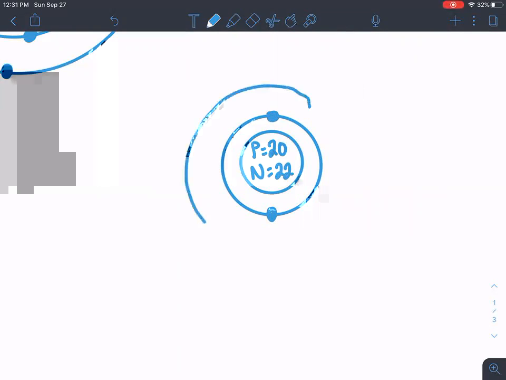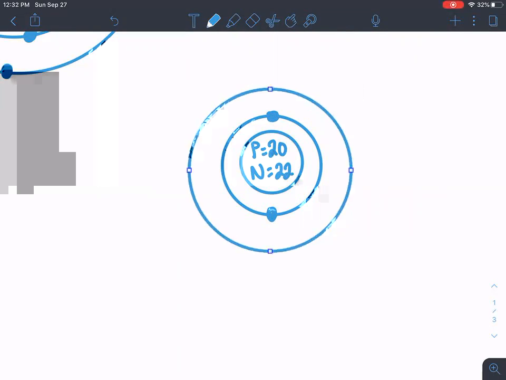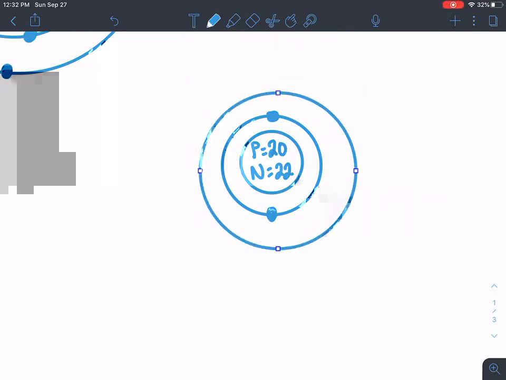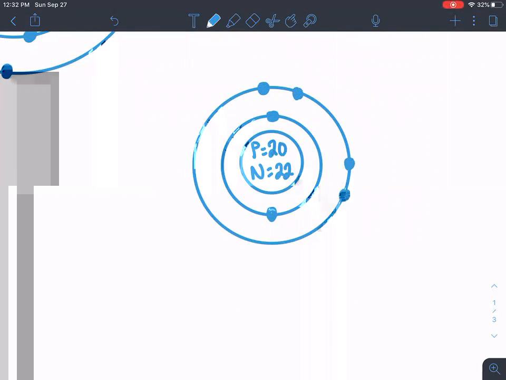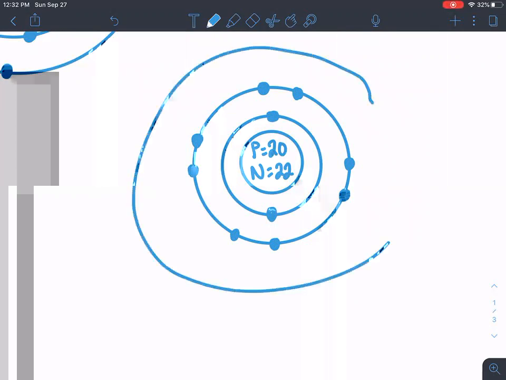My second orbital gets, hopefully you know or you guessed at this point, 8 electrons around the nucleus on the second orbital. And then we're not done because we need 20 electrons and we only have 10. So we got to add a third orbital.